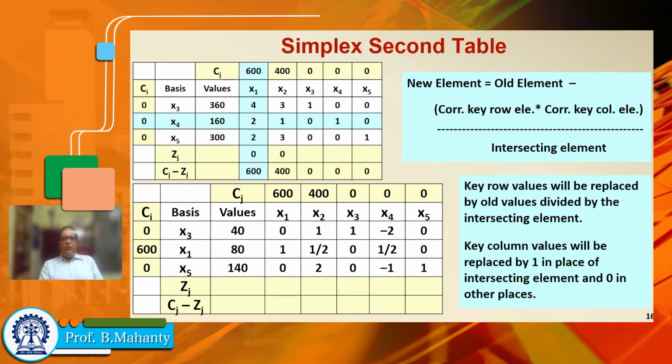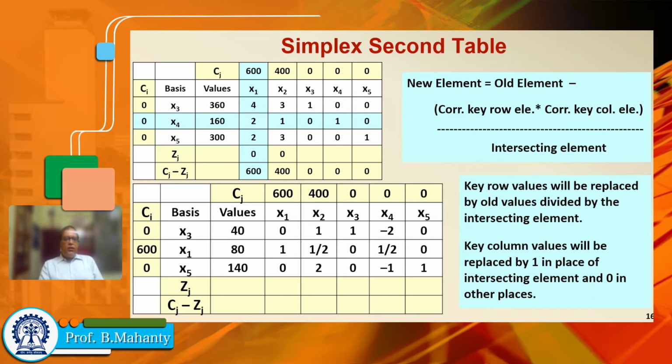So first of all, how has this minus 2 come? Because we have 0 minus 1 into 4 by 2. Is it not? So that is minus 2. How did we get this 2? This was originally 3. So 3 minus 2 into 1 by 2. So that is 2. And how did we get this minus 1?